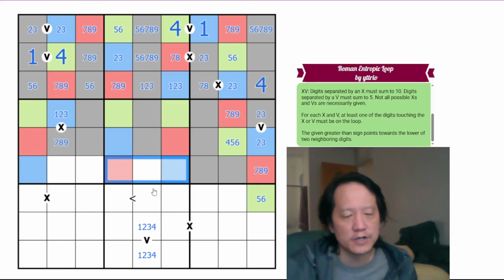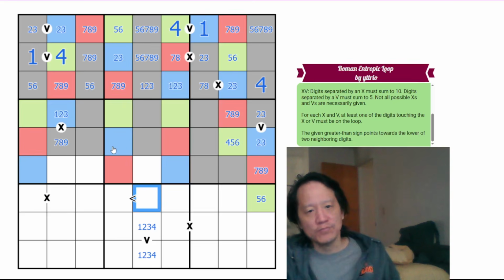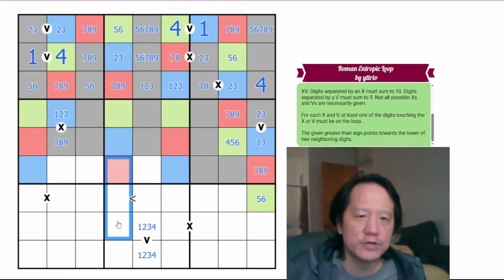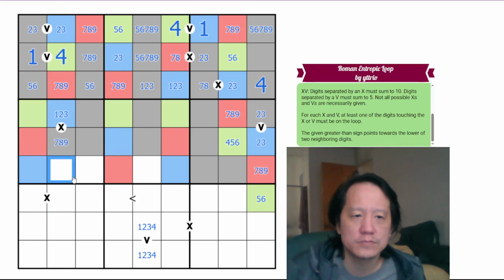And then it could connect, so we don't know about that. And if we try to go further, green, green. Well, I guess this could go that way. This one does have to go this way, though. So that would be green going that way.